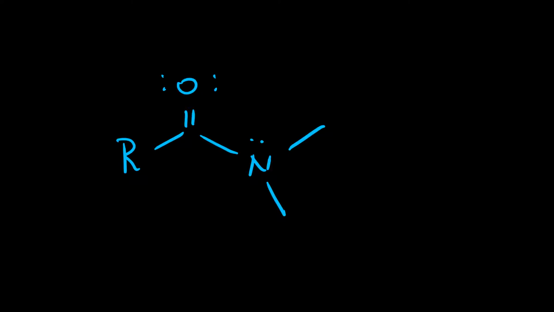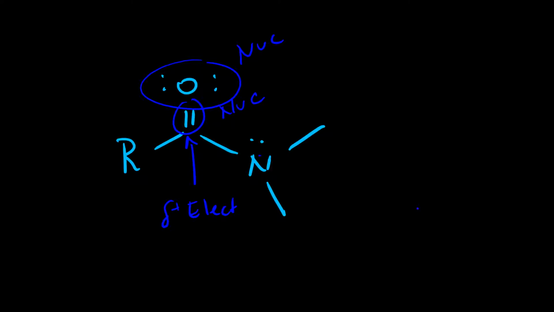So let's map out the electron density of an amide, and here I'm not really specifying if it's primary, secondary, or tertiary. In all of those cases, you would have a nucleophilic oxygen, you would have some nucleophilic pi electrons, you would have the electrophilic carbon, and you would have a nucleophilic oxygen.